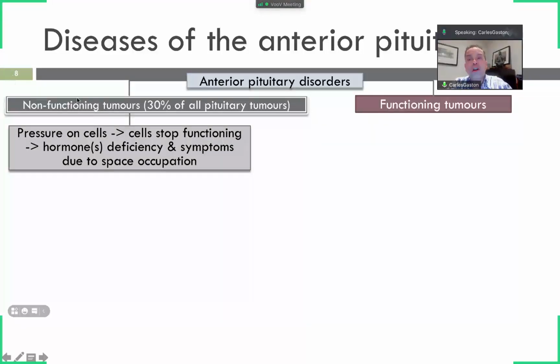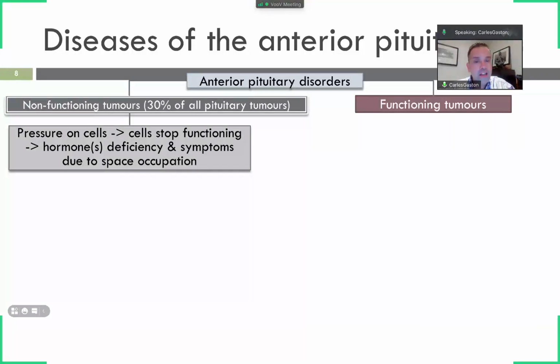So with non-functioning pituitary tumors, basically the tumor presents by pressure on cells. The tumor itself stops the cells from functioning. There is obviously a decrease in hormones leading to hormone deficiency. If you think about the tumor growing too much, it can stop the interaction with the hypothalamus.